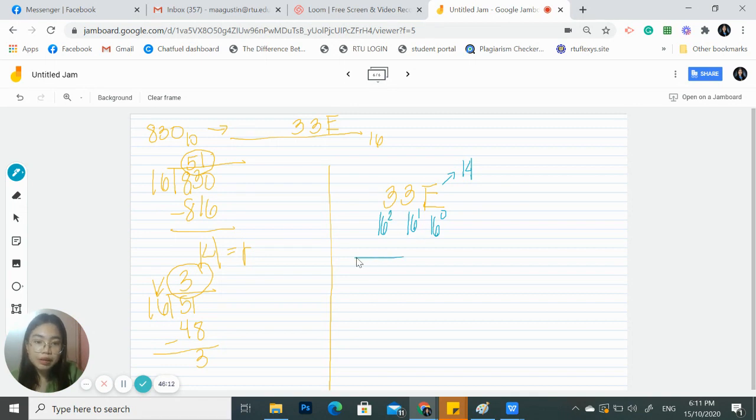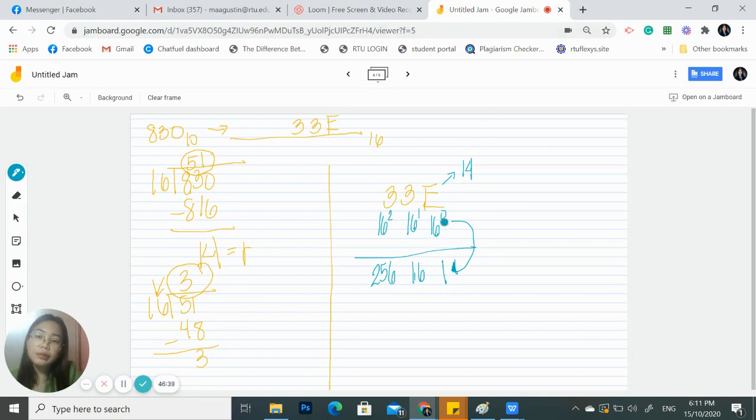So, 16 raised to 0, that will be 1. 16 raised to 1, that will be 16. So, 16 raised to 2, that will be 256. So, ito yung equivalent niya. Baka malito kayo ano tong mga to, ha? Pag kinalkula niyan, 16 raised to 0, ito yung equivalent niya. 16 raised to 2, 256 ang sagot.